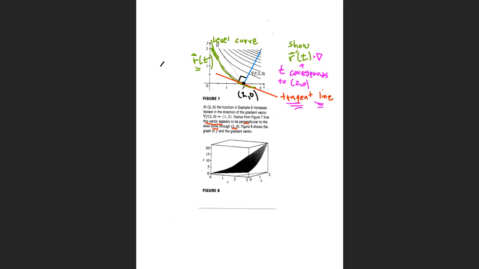We want to show that the dot product of the derivative vector with the gradient function is zero.